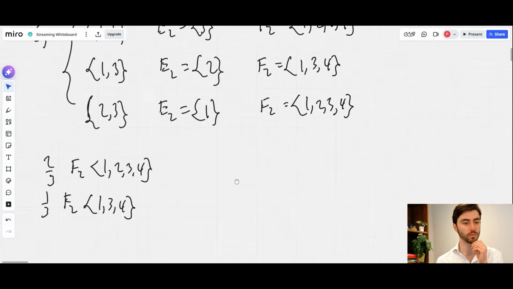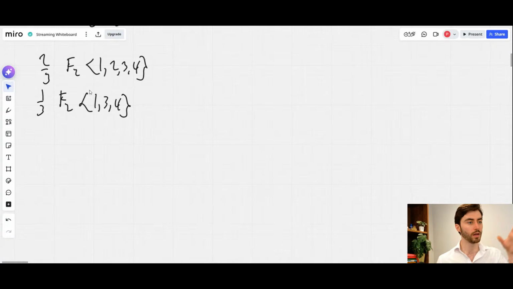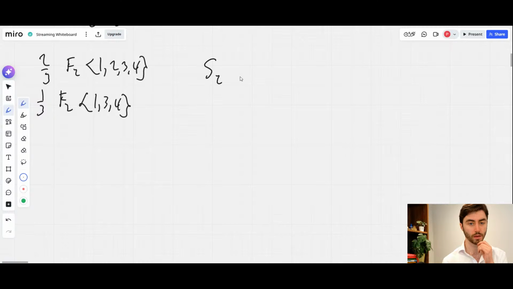So I'm going to refresh from here. So now, 2 elements are chosen at random without replacement, and let S2 denote the set of these chosen elements. So what could I get for S2?